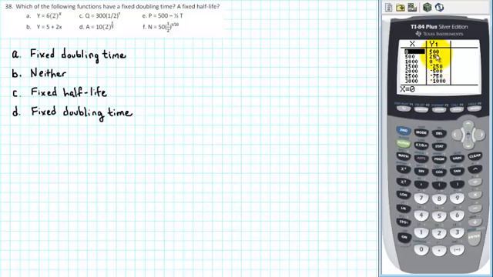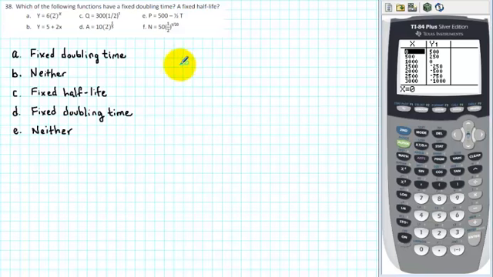The y values are going down by 250. So initially half of 500 is 250, but half of 250 is 125, and that does not occur when x is 1000. So this function does not have a fixed half-life.